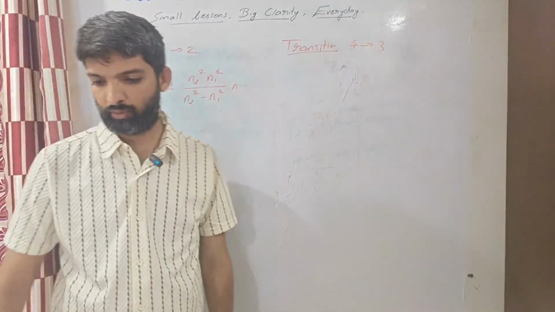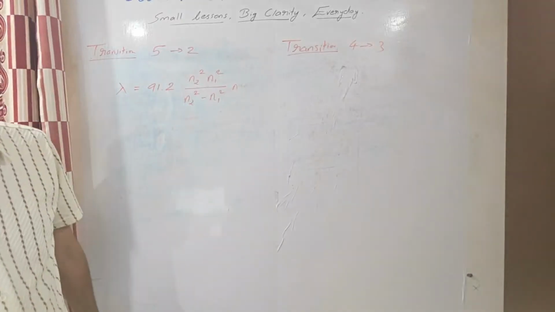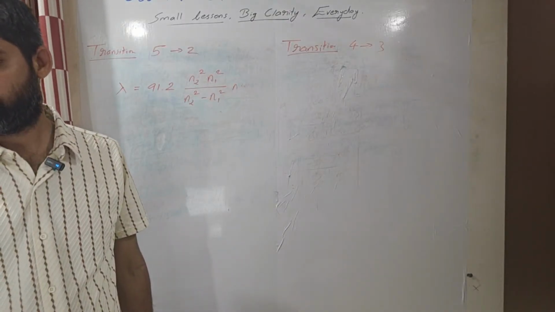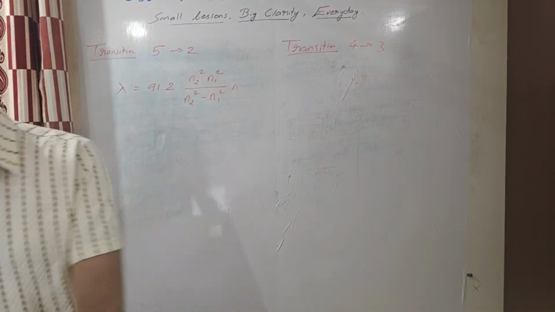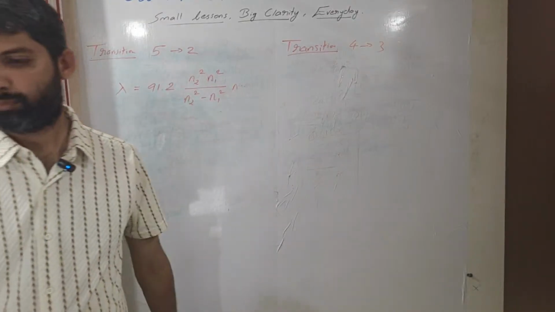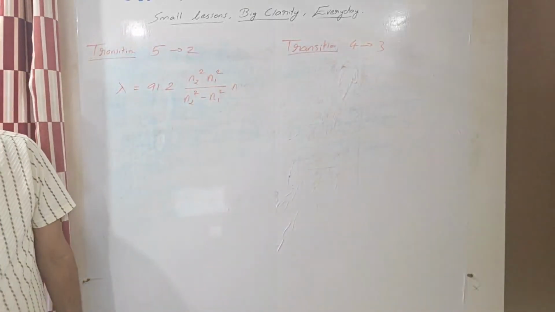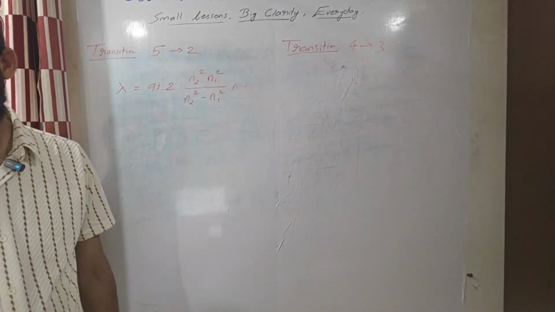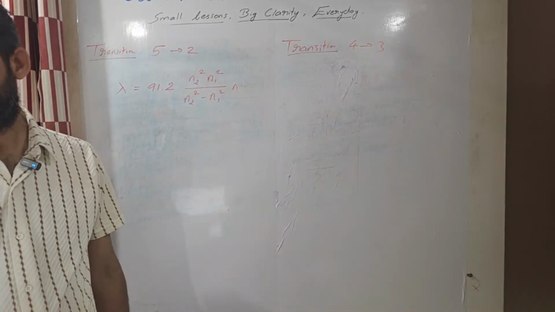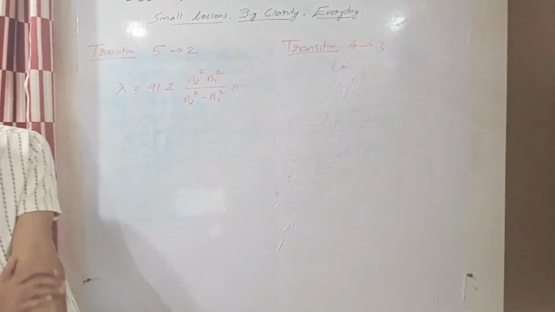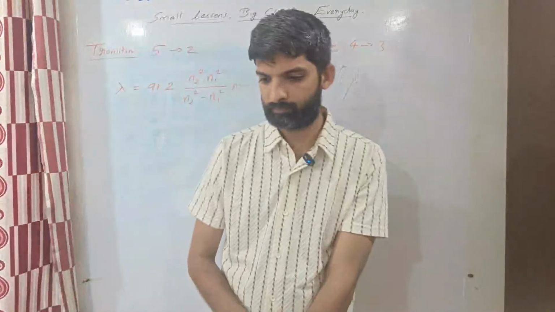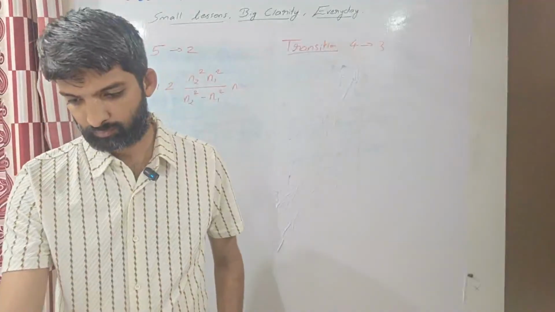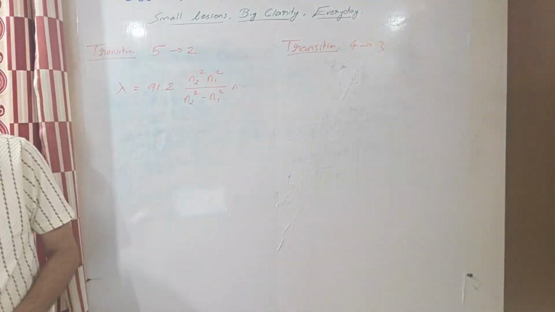These two transitions you need to calculate using this formula and tell me the answer. 5 to 2 and 4 to 3. You can just directly write the answer in chat box. 434.